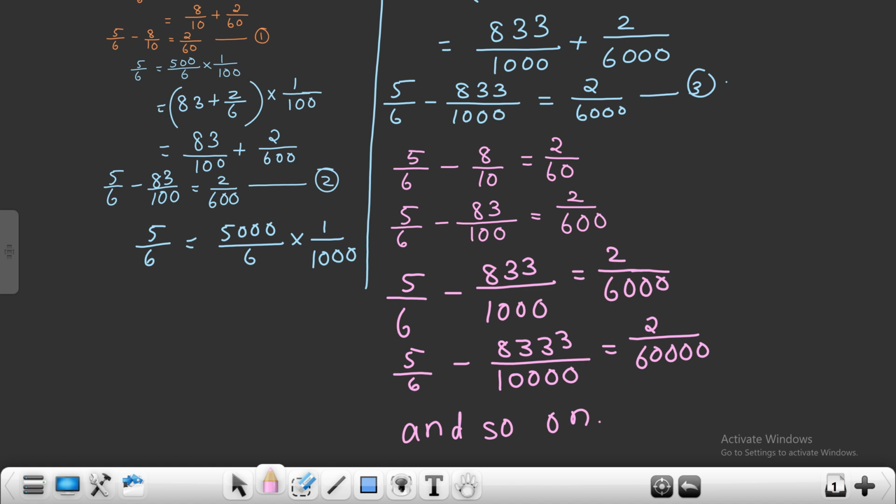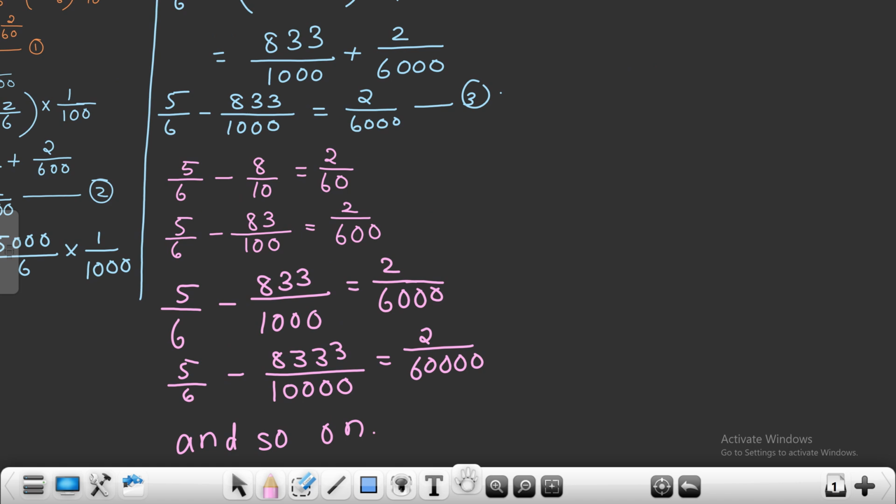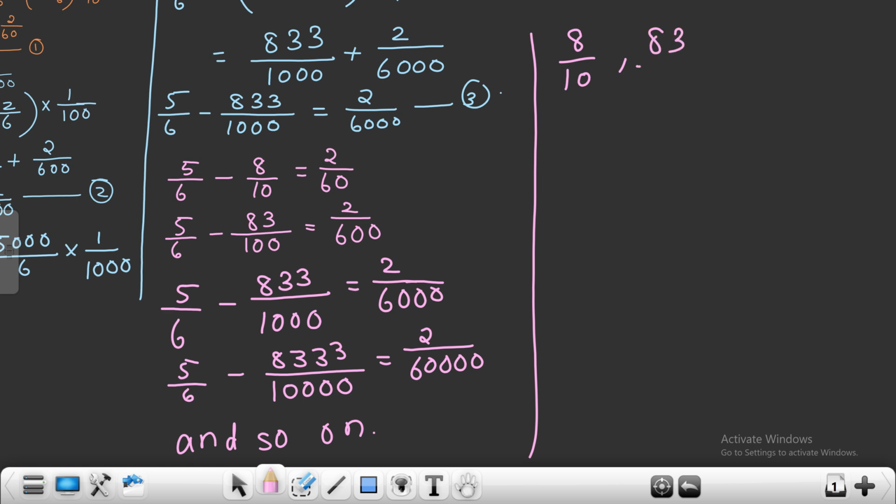This gives fractions with the denominators power of 10 getting closer and closer to 5 by 6. The fractions 8 by 10, 83 by 100, 833 by 1000, etc. get closer and closer to 5 by 6.